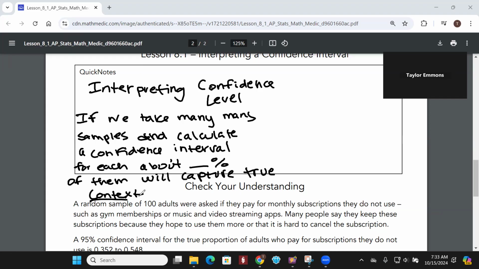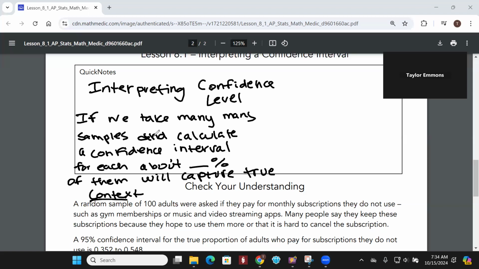So like last time we were talking about the red beads in the jar. And whenever they say interpret the confidence level, this is what you would use.